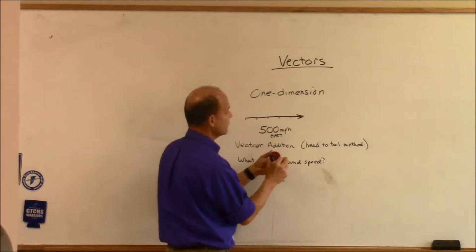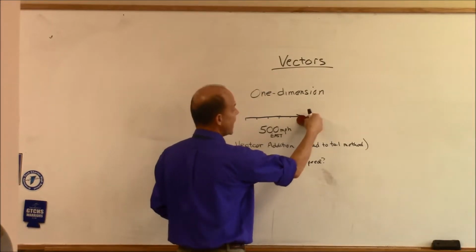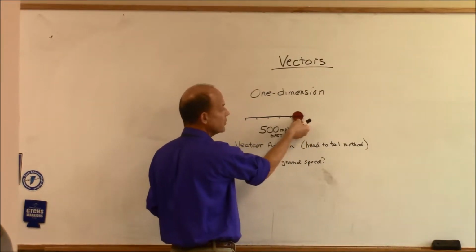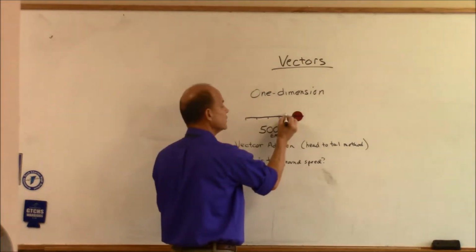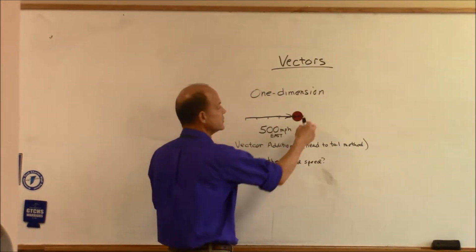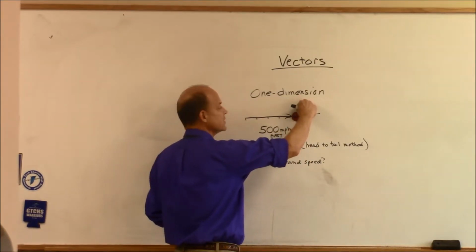But let me show you that if you put the head of this vector onto the tail of this vector and you orient those vectors in the proper direction, then what we call the resultant vector, so we're adding them, but since this is going in the opposite direction, we're actually subtracting.